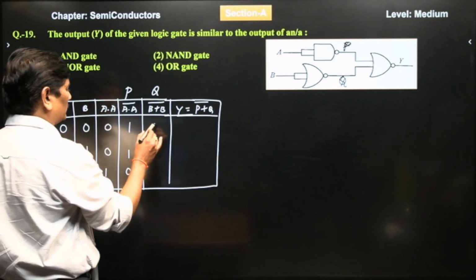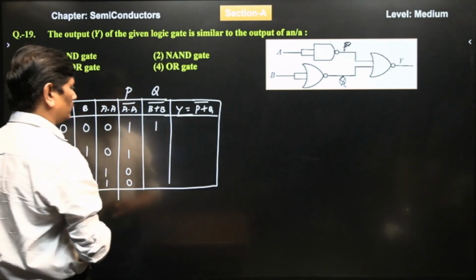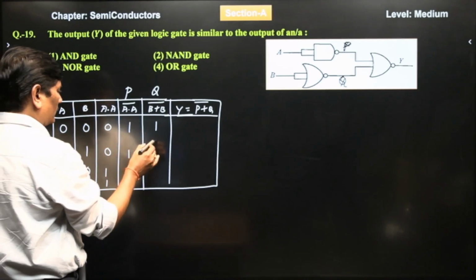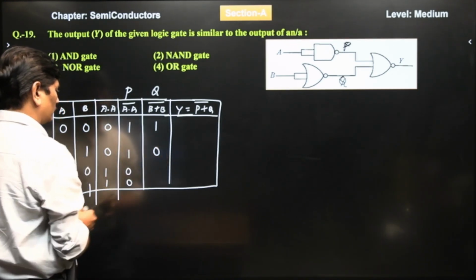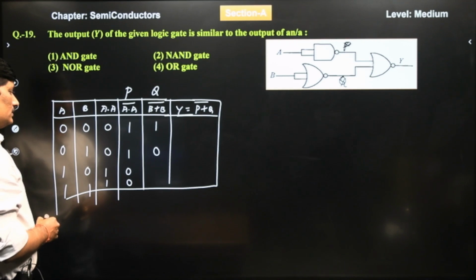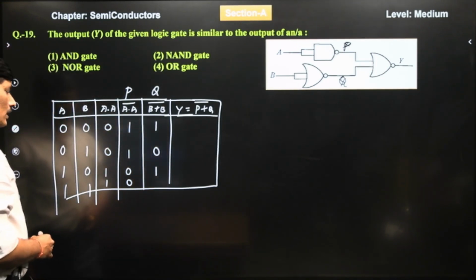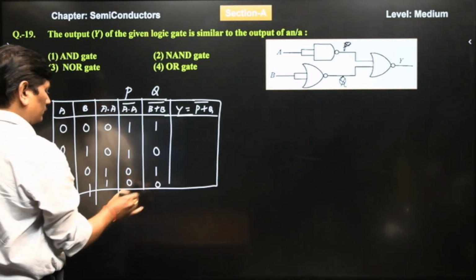Coming to B, 0 or 0, 0, inversion 1. 1 or 1, 1, inversion 0.